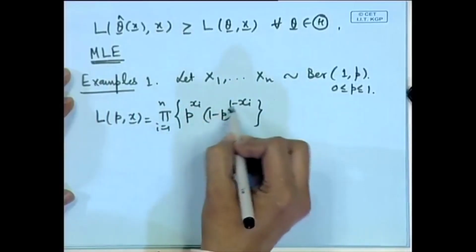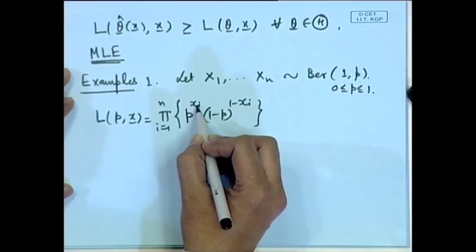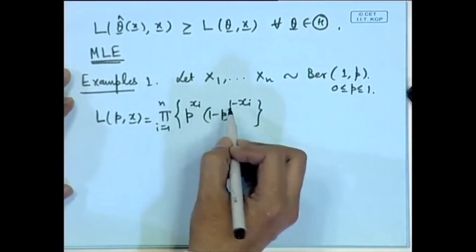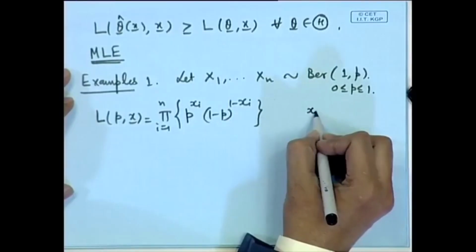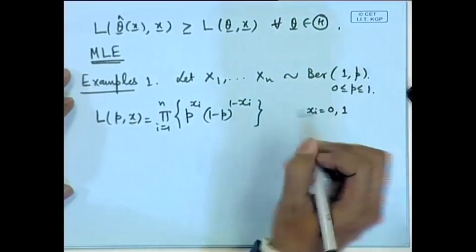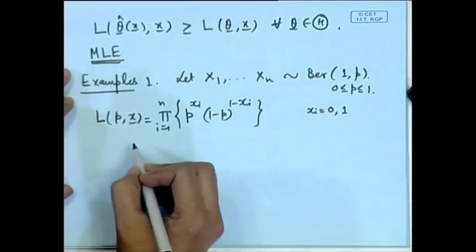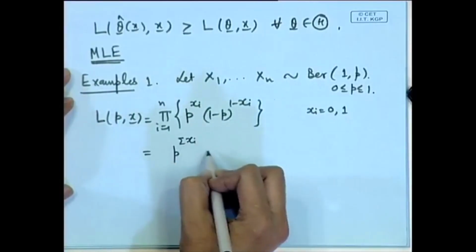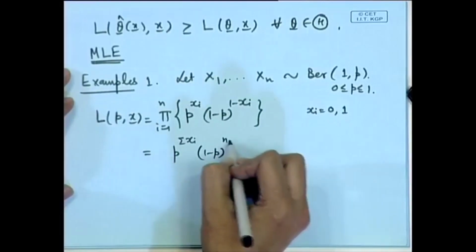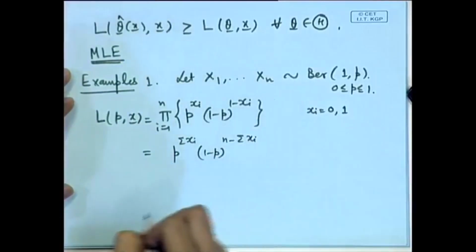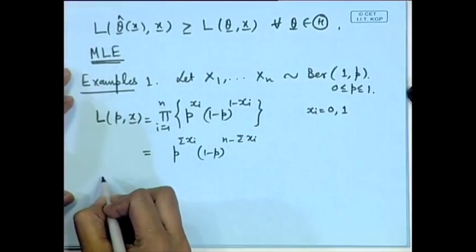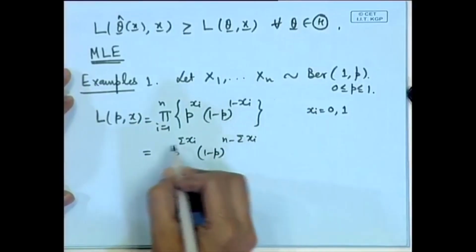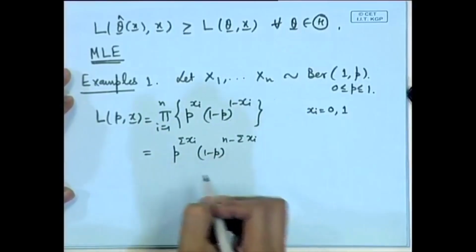The inside quantity is the probability mass function of Xi, and each of the xi's can take value 0 or 1. This can be simplified as p to the power sigma xi times (1 minus p) to the power (n minus sigma xi). We have to differentiate this with respect to p and solve it.